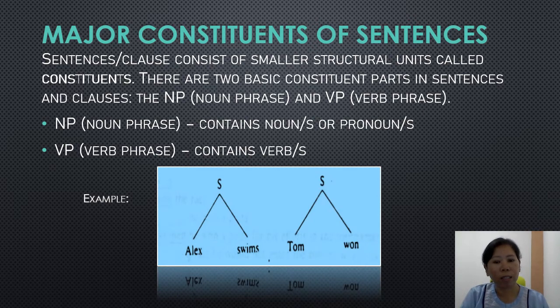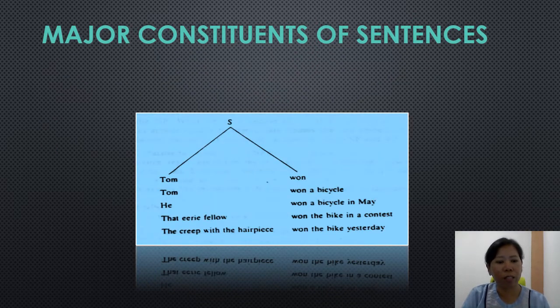Let's take a look at the example given. Alex swims. Alex is the noun phrase and swims is the verb phrase. Same goes with Tom won. Tom is the noun phrase, and won is the verb phrase.